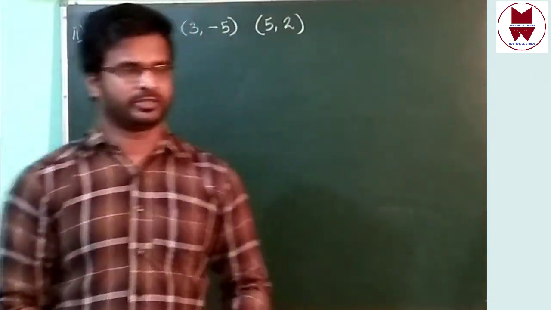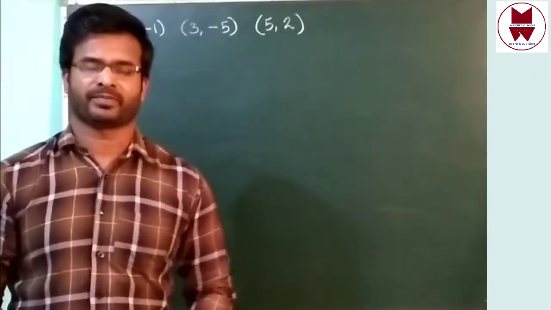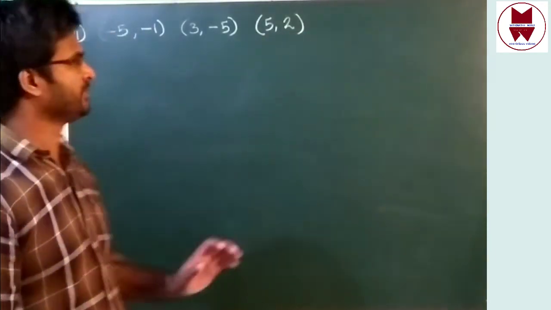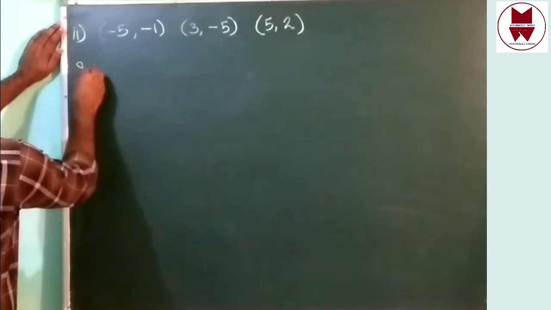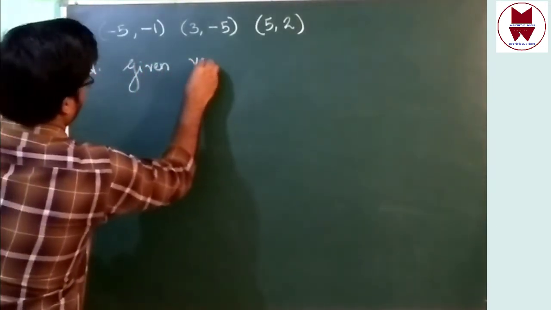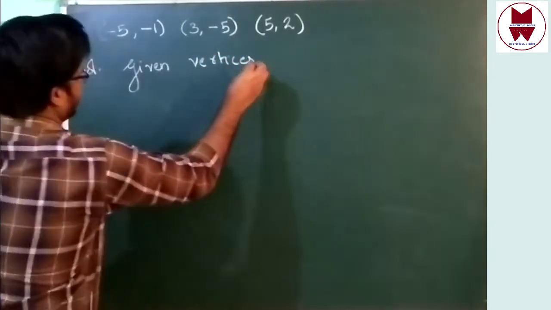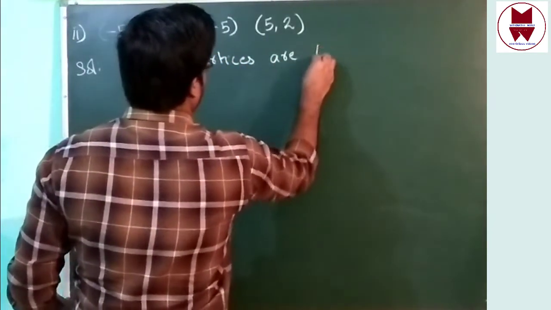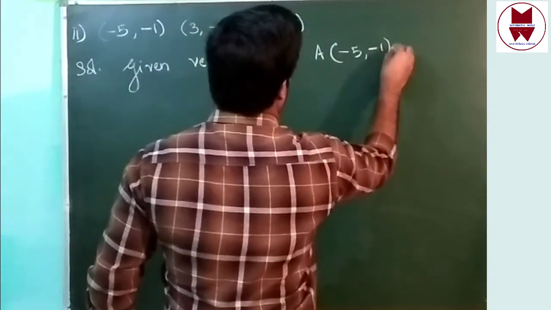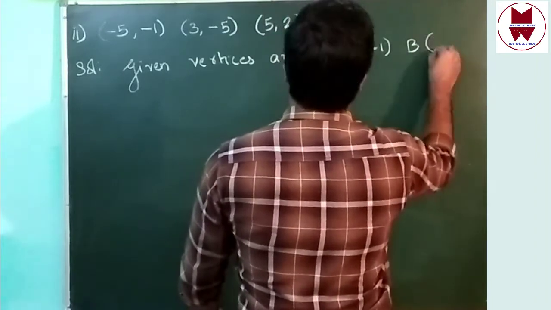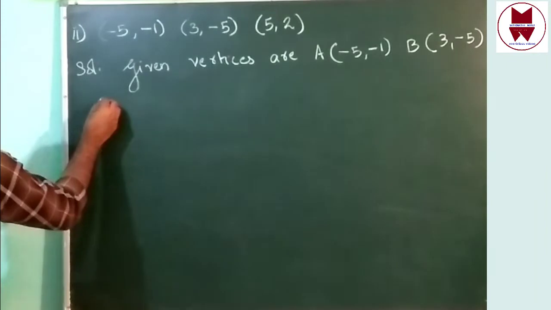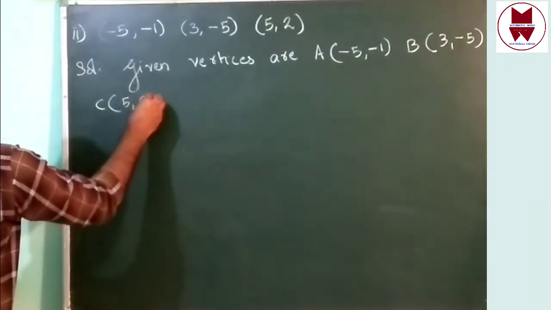Question number 1, part (ii). Here also we have to find the area of the triangle. They have given the coordinates of all the vertices. First we write: given vertices are A is (minus 5, minus 1), B is (3, minus 5), C is (5, 2).